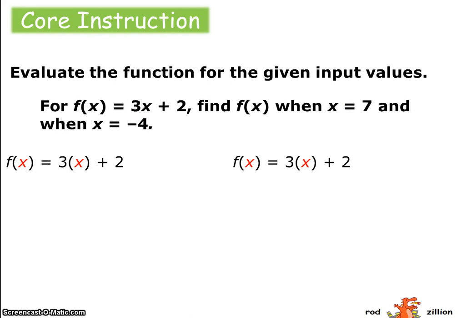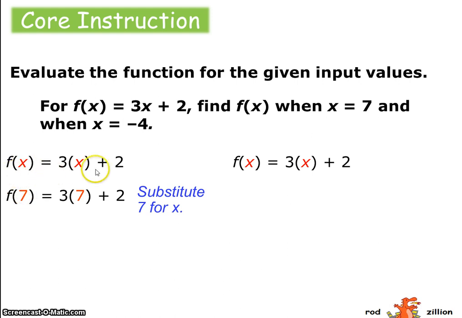So thinking along the lines of function machines, we're going to evaluate the function for the given input values. If my function f of x is 3x plus 2, we're going to input the value when x is 7 and then when x is negative 4. Notice how I changed my notation from f of x to f of 7.